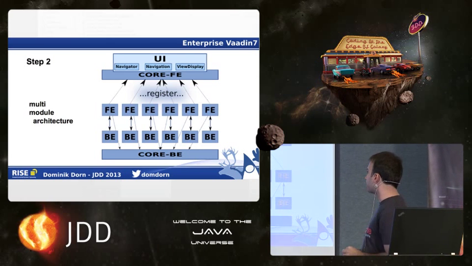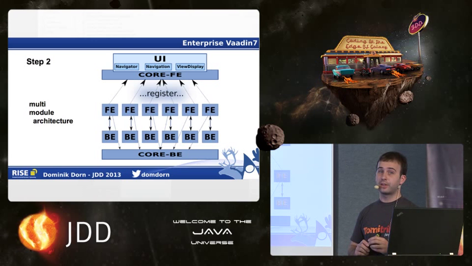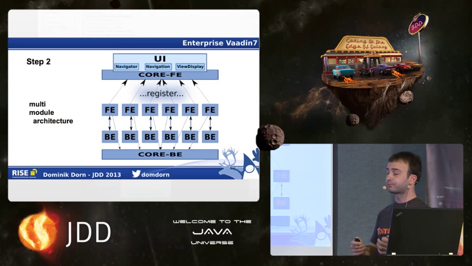On the top, I showed you before, we have this core package, and in this core package we have a front-end module that allows other modules to register themselves. In the core we have our main UI, and this main UI has a navigator. That's basically the Vaadin navigator class.